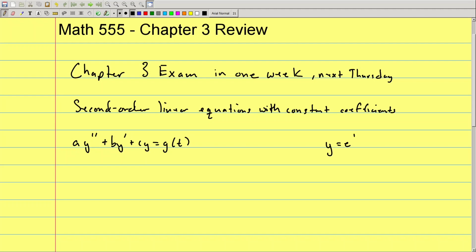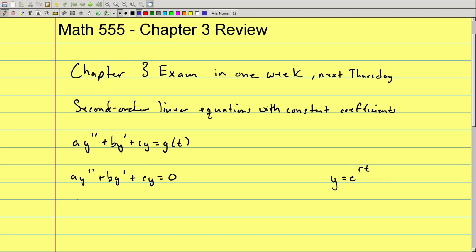We started with the idea that we could guess that the solution had the form y equals e to the rt, and we applied this primarily to solve the homogeneous problem, which is the differential equation when g of t is equal to 0. So if we have a 0 right-hand side, we assume that our solution has this form.